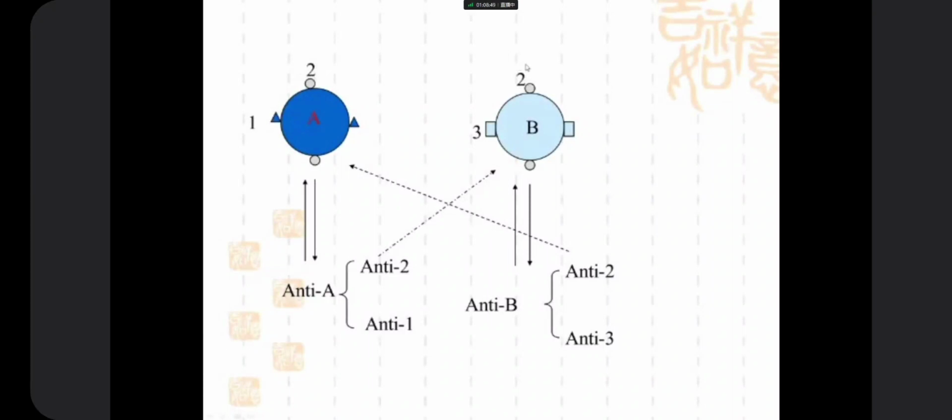So the antigen evokes the immune response to produce anti-2.